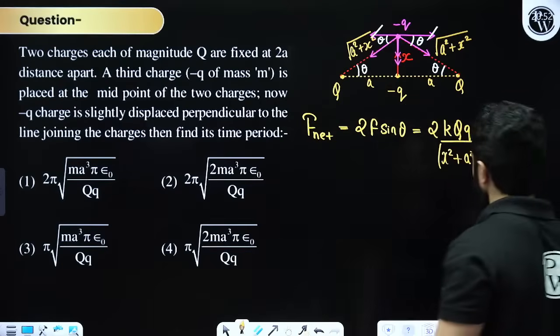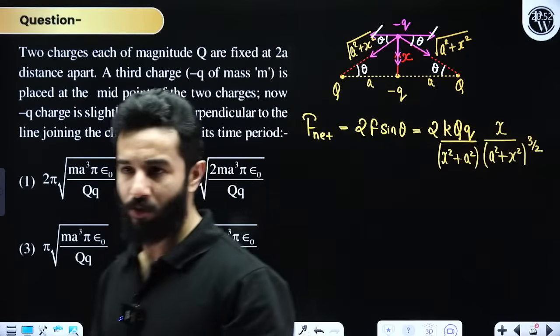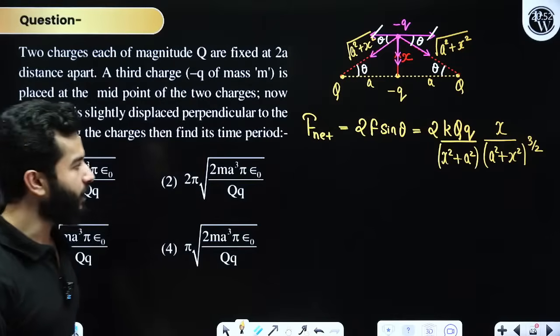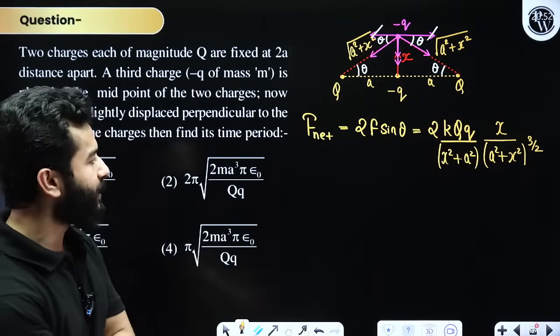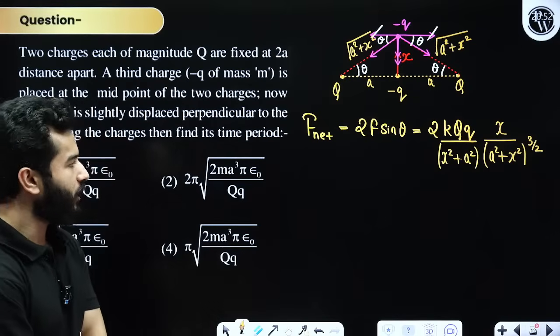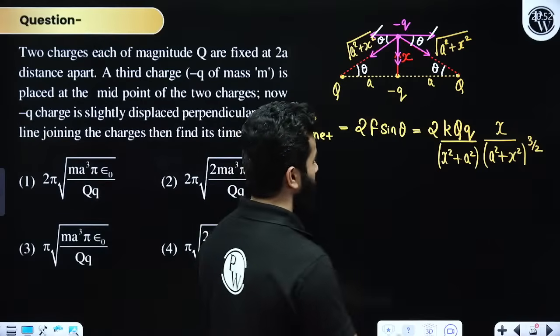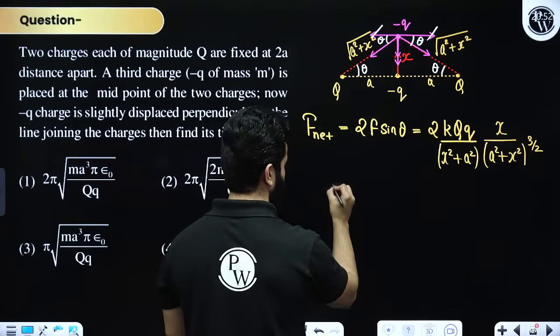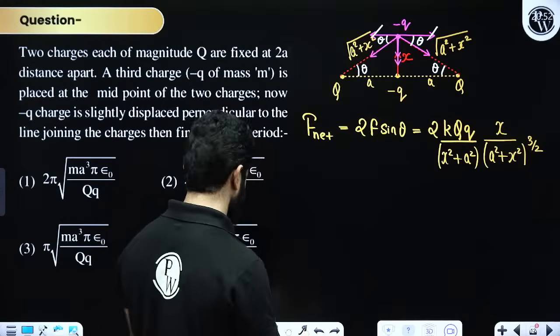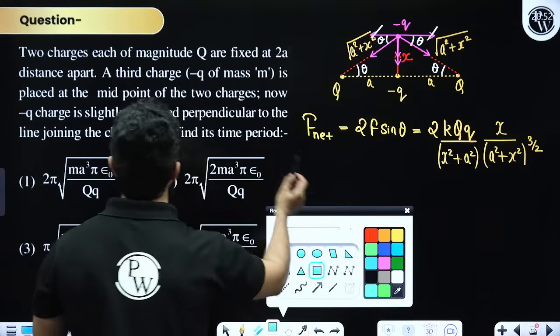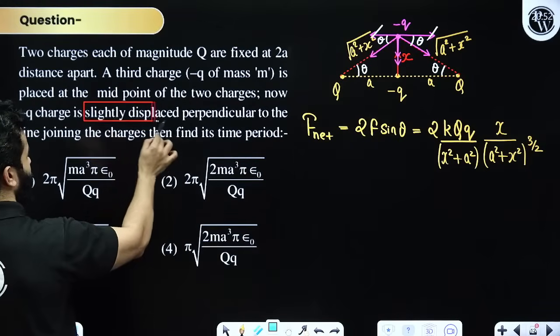Now this is where the interesting thing starts, and these are all very standard types of questions. You might have seen these questions in your class notes, right? See, F-net comes out to be, by the way, one more thing, they have used one word over here, that is, it is slightly displaced.